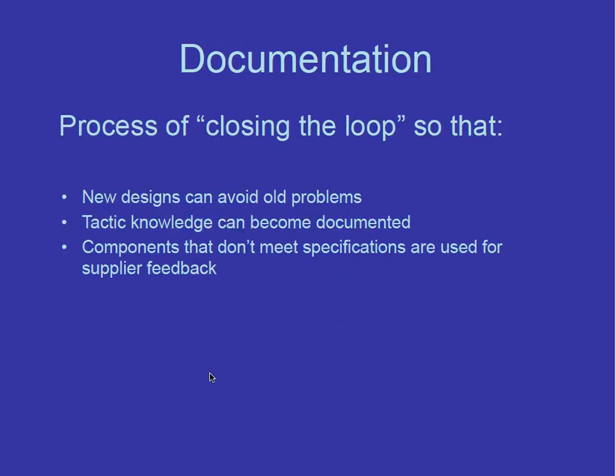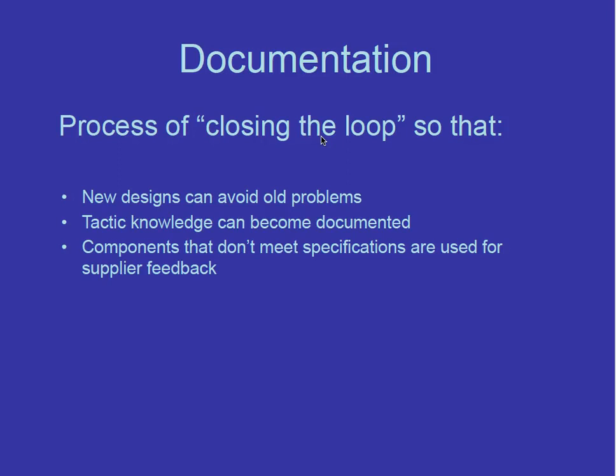Okay, so documentation: the process of closing the loop so that new designs can avoid old problems. Documentation is very important in troubleshooting. You must include whatever information you got about the equipment, so that in a new design that problem can be avoided.